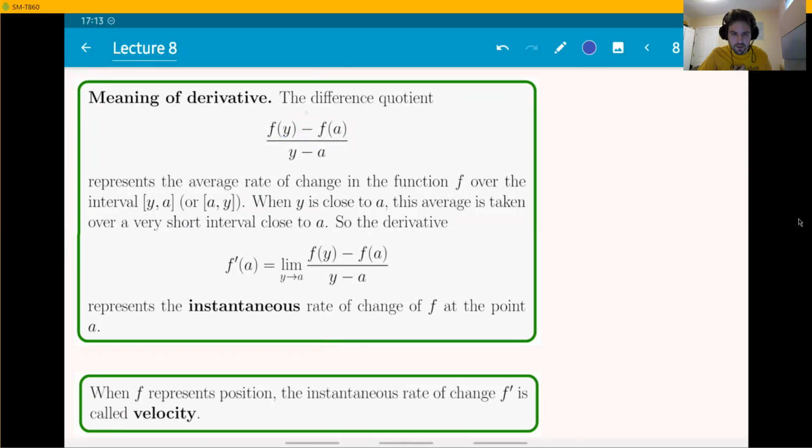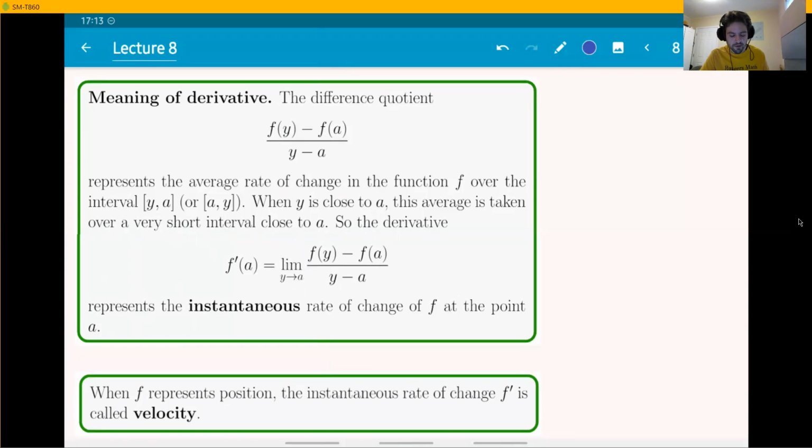That's the difference quotient. But if you take y very close to a, which is exactly what you do in this limit process, then this average is being taken over a very short interval around that number a. So in the limit, it becomes an instantaneous rate of change.